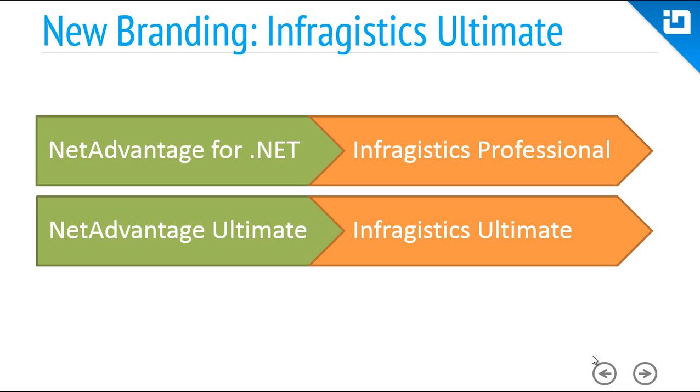Now, the reason we changed the branding was twofold. First, Net Advantage kind of infers .NET, like Net Advantage for .NET. Well, there's much more than .NET in the packages anymore. So we've moved beyond just the .NET framework. We have iOS controls, we have Android controls, we have UX tools, we have icons, we have SharePoint controls.